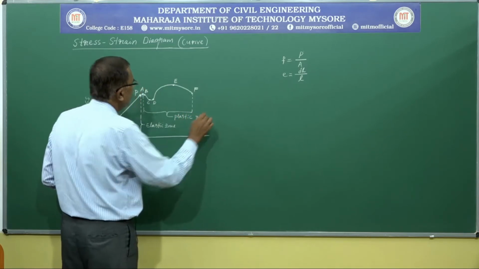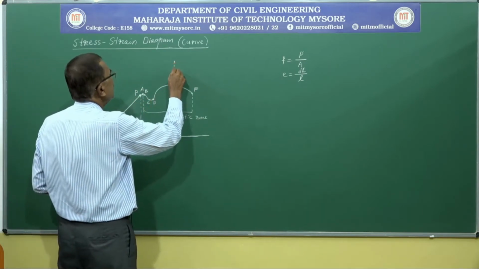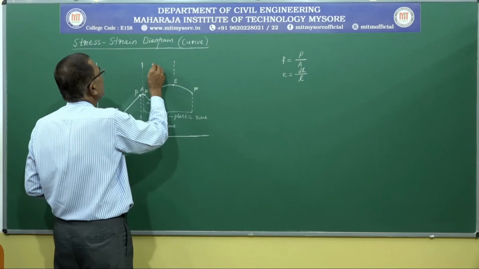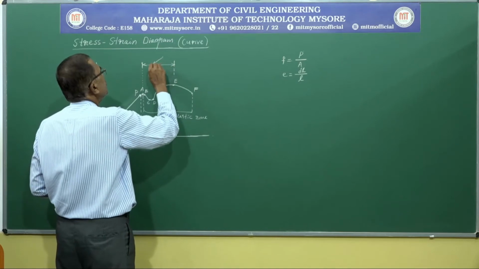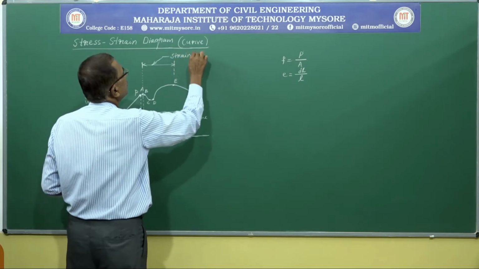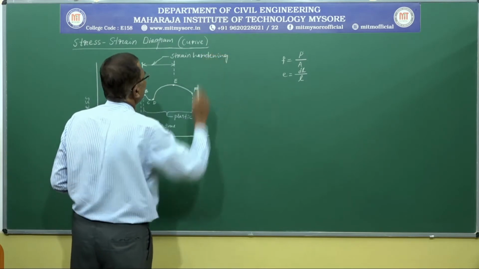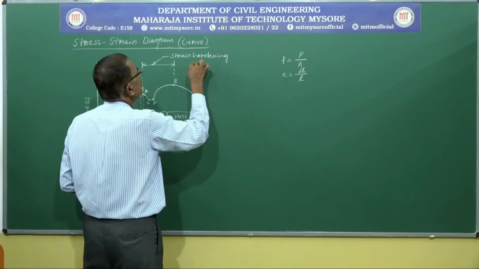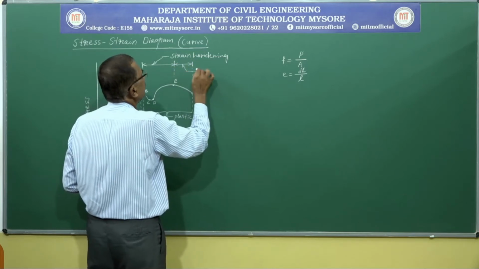We can call the portion between A and E strain hardening. And the portion between E and F is called the necking zone.